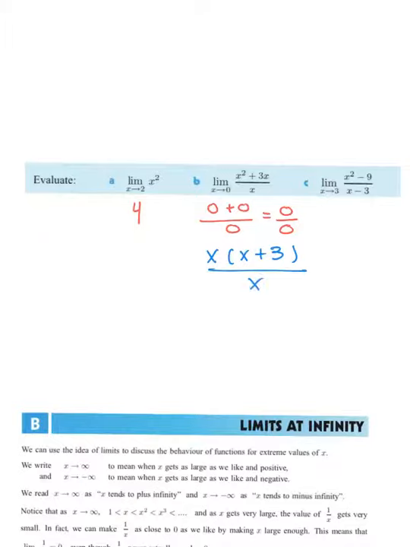When you factor, you can cross out those x's, right? And when you do that, you are left with this. When you crossed out those x's, you're removing the hole in the graph. It is a removable discontinuity, okay?